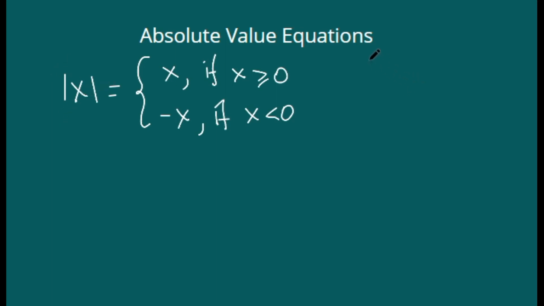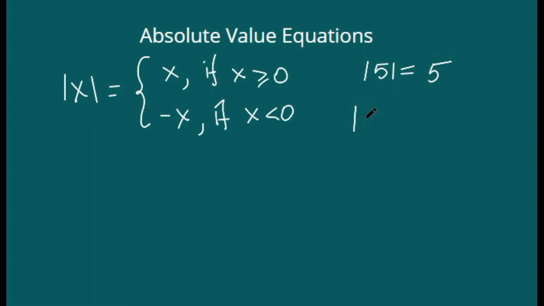Imagine we are looking for the absolute value of 5. We check, is 5 more than or equal to 0? Yes, it's more than 0. It means we should apply line number 1. So the absolute value of 5 is 5 itself.